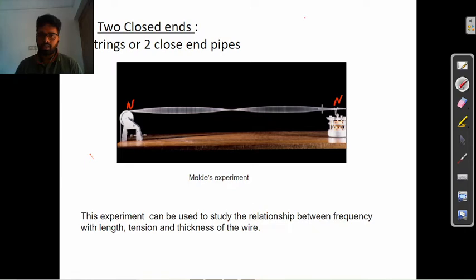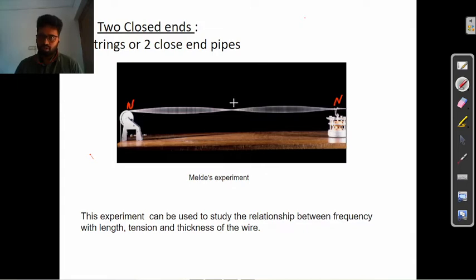So this is a string. A stationary wave is formed on the string. At this point we have a vibrator. It is vibrating, and this wave travels from this vibrator to the other end, where it is reflected back. So this reflection of the wave forms a stationary wave.